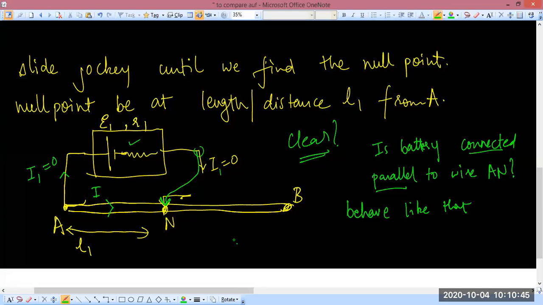If you have understood that these two are going to behave as if they are in parallel, then directly we can write this.